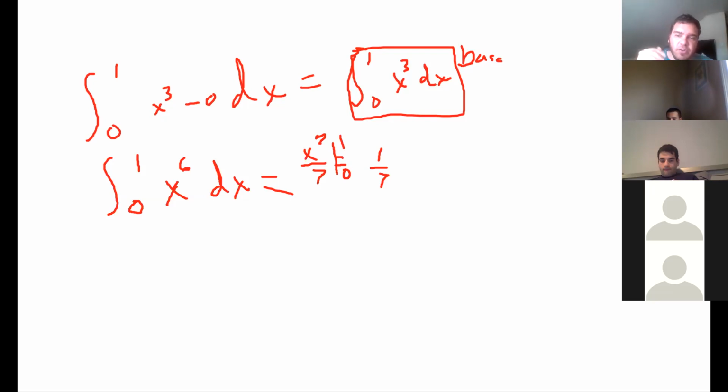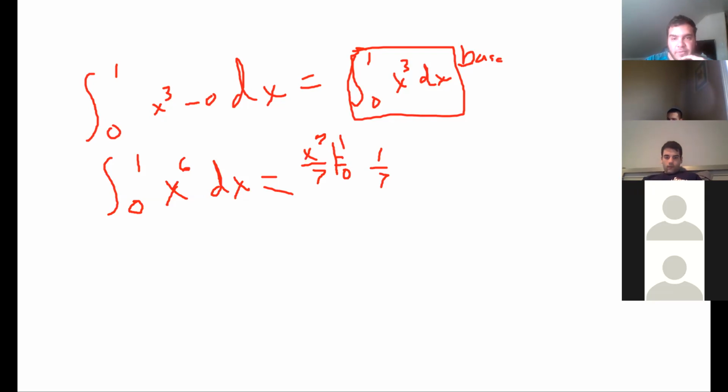But if we're taking cross sections perpendicular to the y-axis, we're taking horizontal integrals in this case. And the problem with that is that now we have to make sure our functions are inversed. So we're going to have to redo this a little bit.